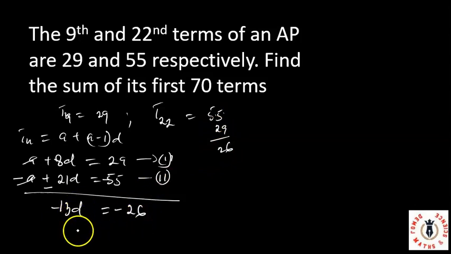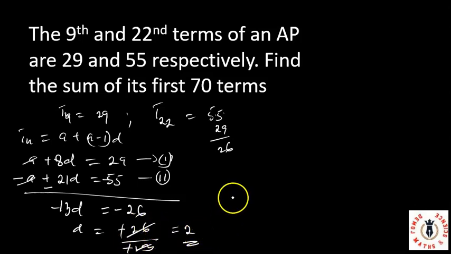So that D now will be equal to minus 26 over minus 13. Minus divides minus, 13 in 26, that's 2. So D is equal to 2.